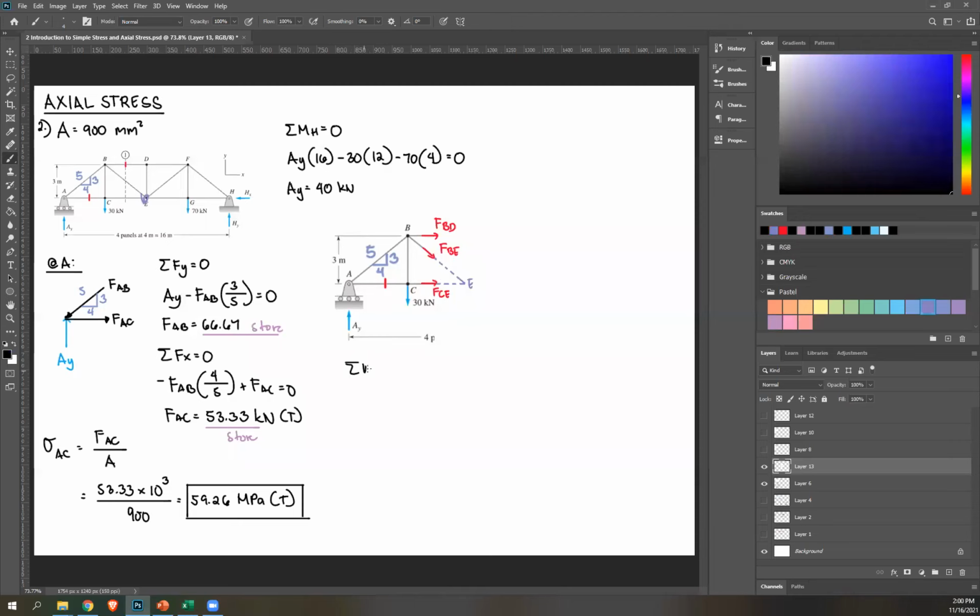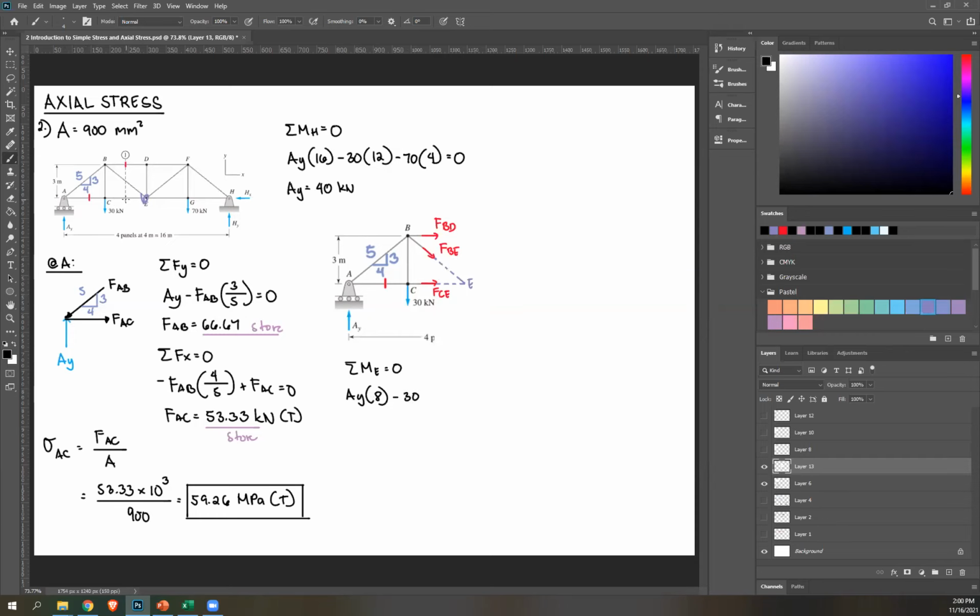Summation of moment at E equals 0. Let's start with the leftmost. So rotate AY about E, that's clockwise, therefore positive AY. Perpendicular distance, you can look at the original drawing. Distance to E is 8 meters, so times 8. Next, 30, rotate about E, that's counterclockwise, negative 30.